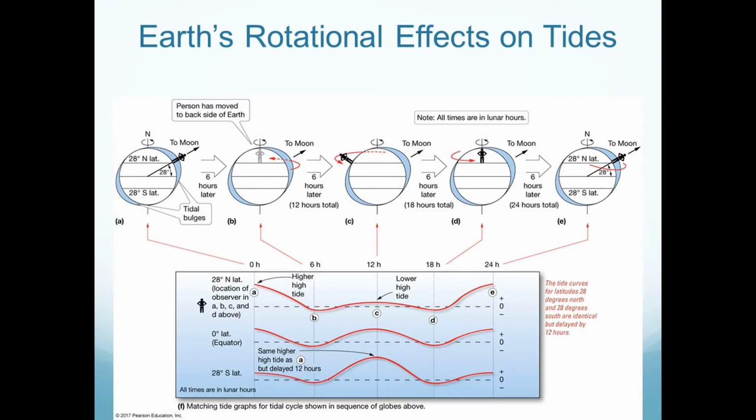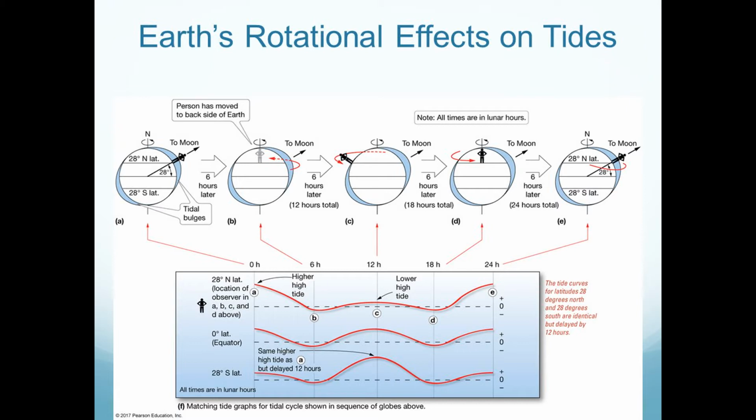So Earth's rotational effect has an influence on the tides. So let's look at this image here. The man is standing at the 28-degree latitude line, and you can see that the moon is directly overhead. And you can see that he is in the high tide.